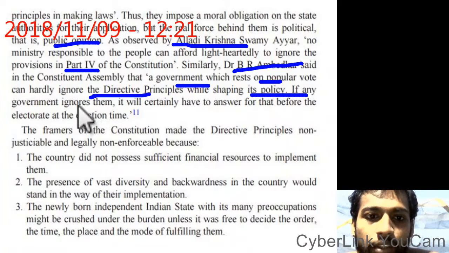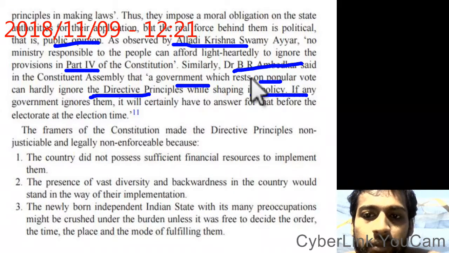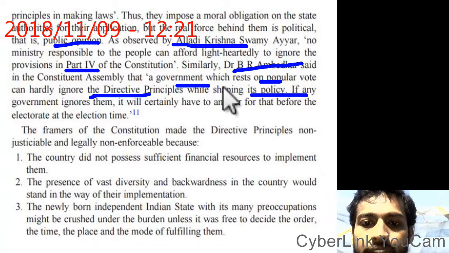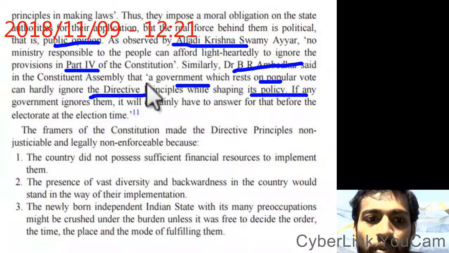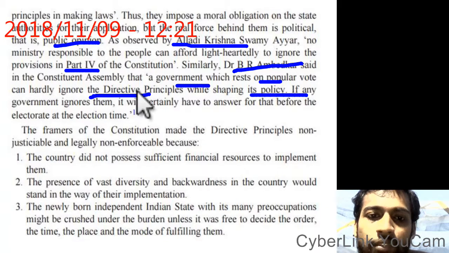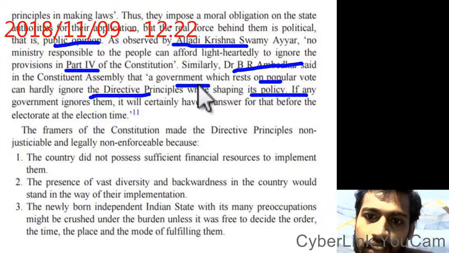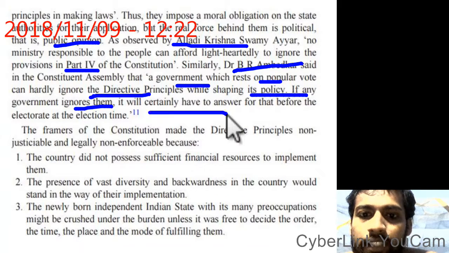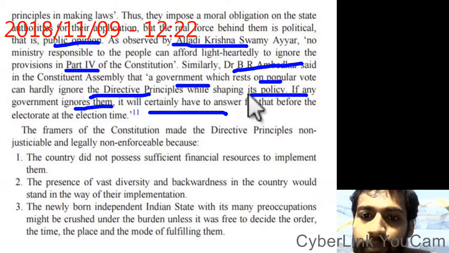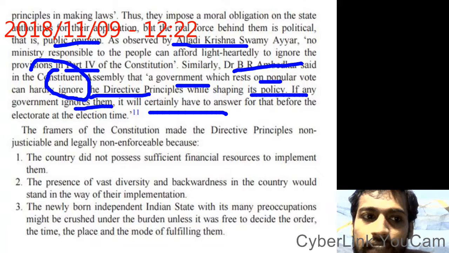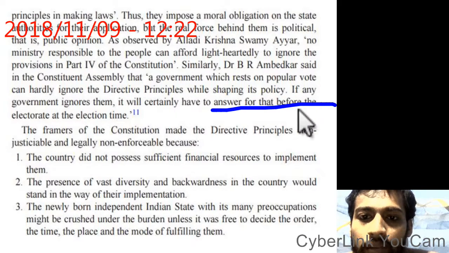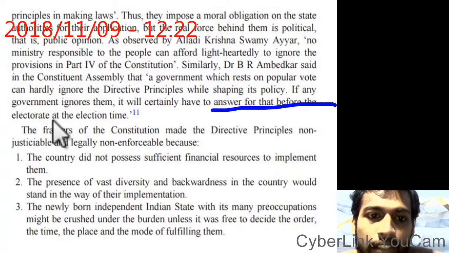If any government ignores them, it will certainly have to answer for it before the electorate at election time.